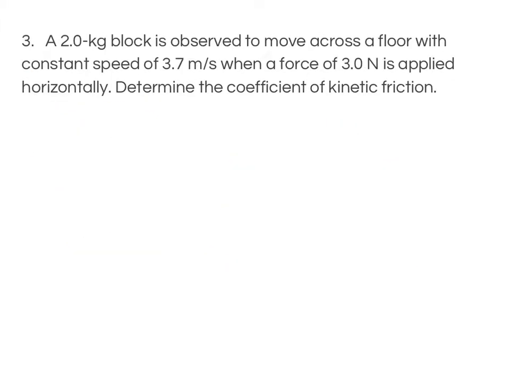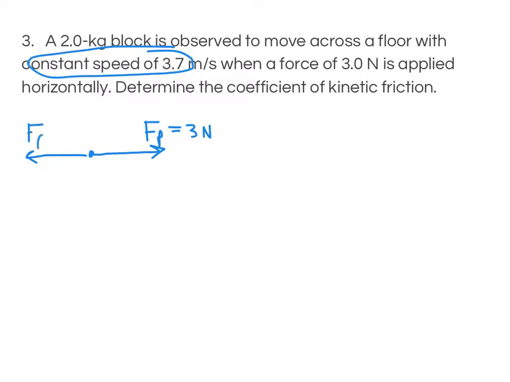All right, in my last question, I have a block that is again moving across a floor. This time I'm told that it's moving at constant speed. Recall that when something moves at constant speed, the force forward, which in this case is an applied force of 3 newtons, has to have the same value as the force backwards, which in this case is a frictional force.